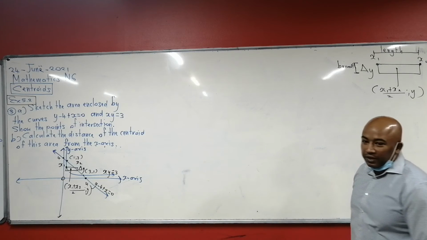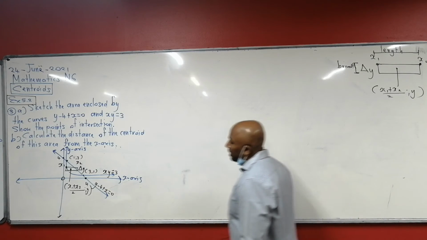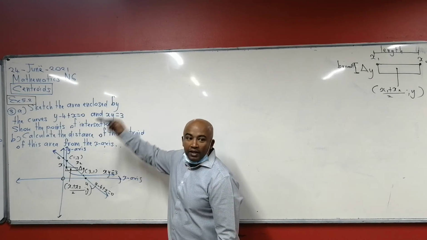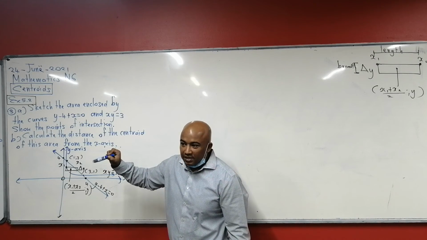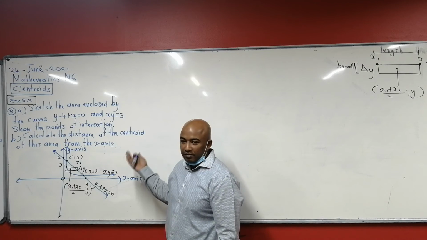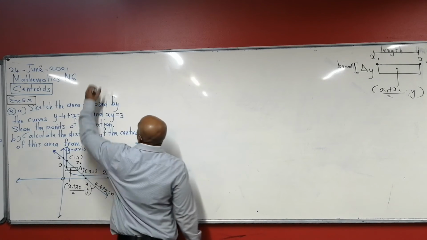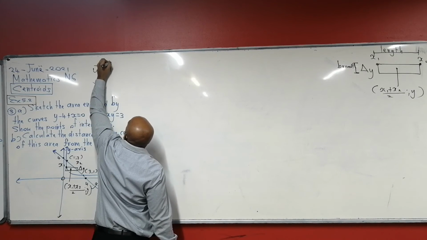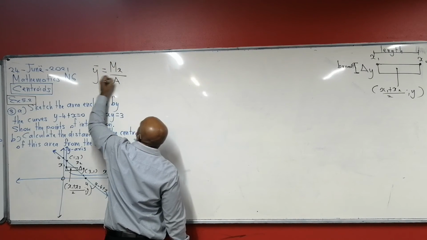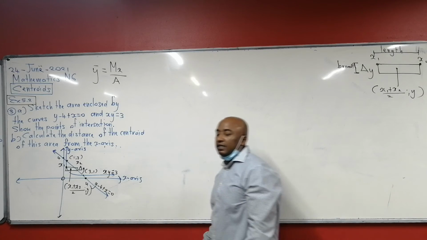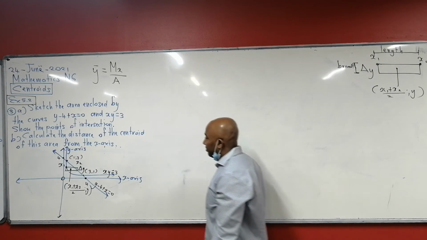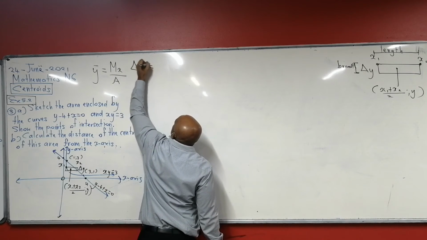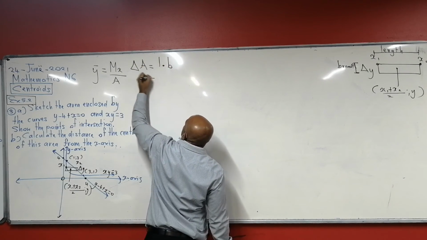Now, let's start working out the problem. So what are we looking for? Calculate the distance of the centroid of this area from the x-axis. That means we're looking for y, which we already know. We know that y is equal to Mx divided by A. Let's work out the area first. So area delta A is equal to length times breadth.